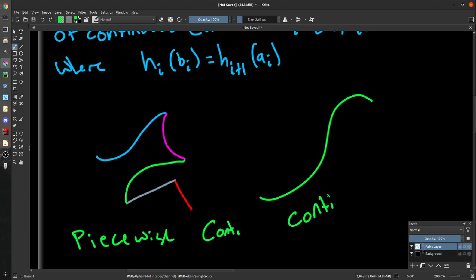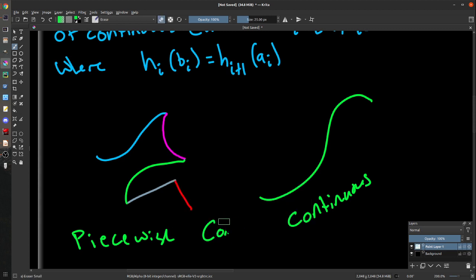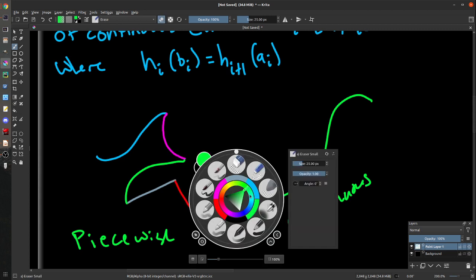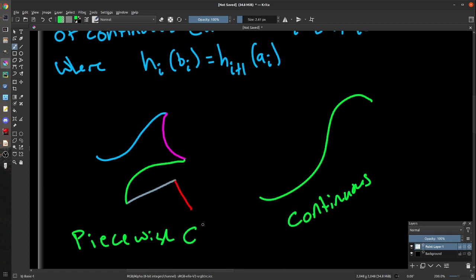So the idea is that you might have some real harsh little jumps. And actually, if you're cool with it, we're going to take it a step up and jump to this. Just to set everything up, let's call this piecewise C1.